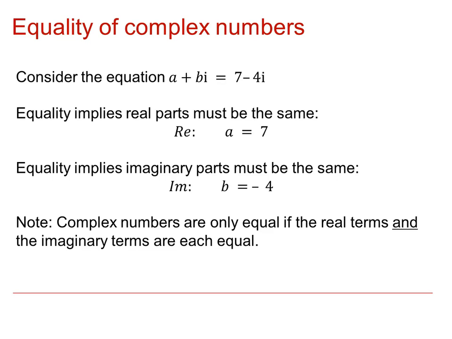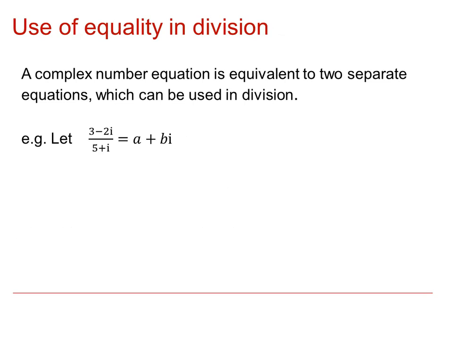Now we can use this idea to do things such as division. So rather than calculating the division of two numbers by using the complex conjugate, we could consider it in this way. We could say, for this equation (3 minus 2i) over (5 plus i) equal to a plus bi, we could multiply both sides of the equation by 5 plus i.